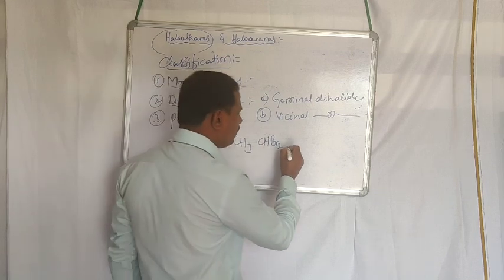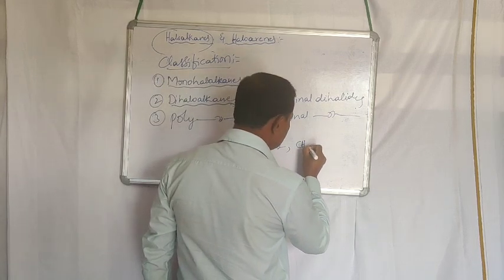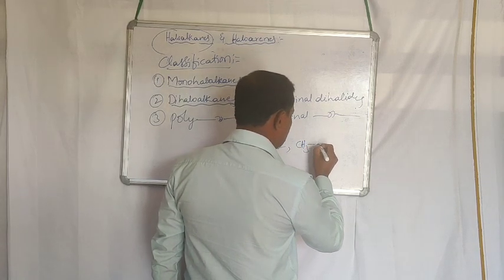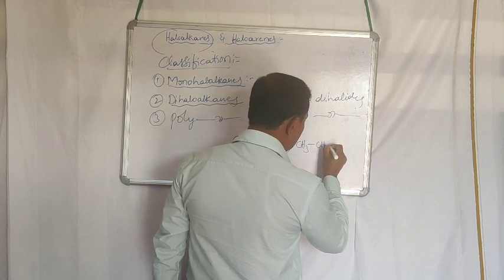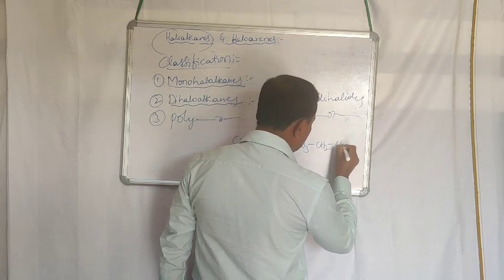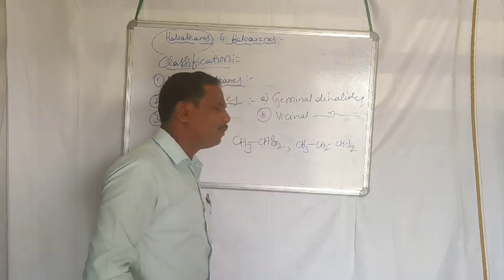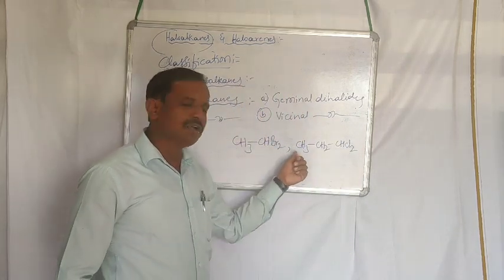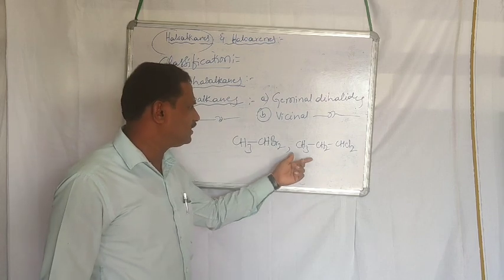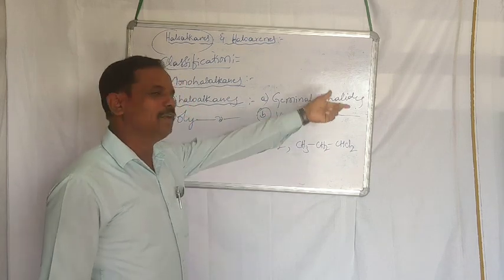Another example is 1,1-dichloropropane. It is another example of a geminal dihalide.